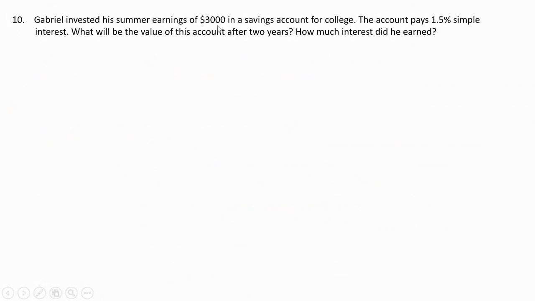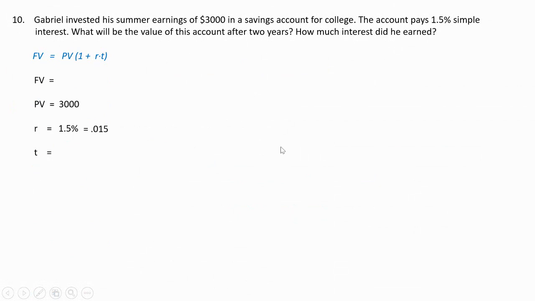Here, guys, Gabriel invested his summer earnings of $3,000 in a savings account for college. The account pays 1.5% simple interest. What will be the value of the account after 2 years? How much interest did he earn? So there's my formula for simple interest. My PV, the present value, is 3,000. My interest rate is 1.5%, and we have to convert it to a decimal, so it'll be 0.015.